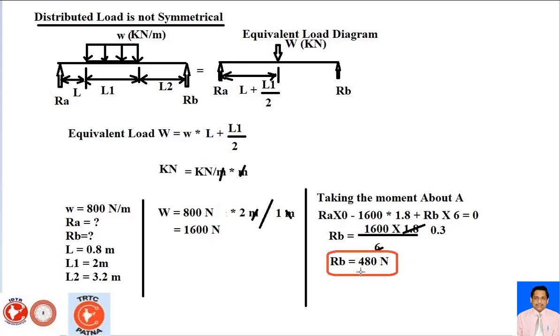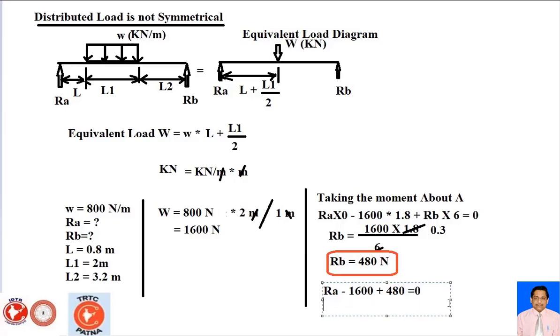And then you have to compute here the value of RA. So what is your RA? So come to the equivalent load diagram, and again you have to solve here the equilibrium conditions. So what are the equilibrium conditions? Our equilibrium condition is RA minus 1600 Newton plus 480 will be equal to 0.